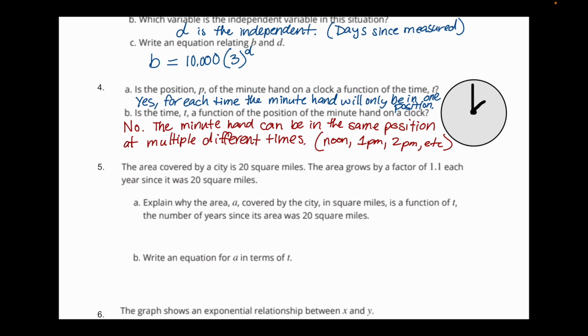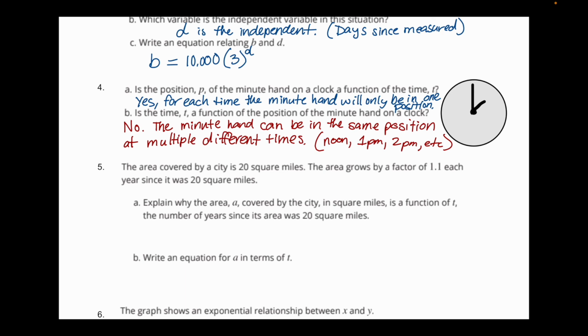Okay, that finishes up question 4. Let's look at question 5. Question 5 says we have the area covered by a city, and that is 20 square miles. And this area is growing by a factor of 1.1 each year. So they want to explain why the area A covered by the city is a function of the number of years.